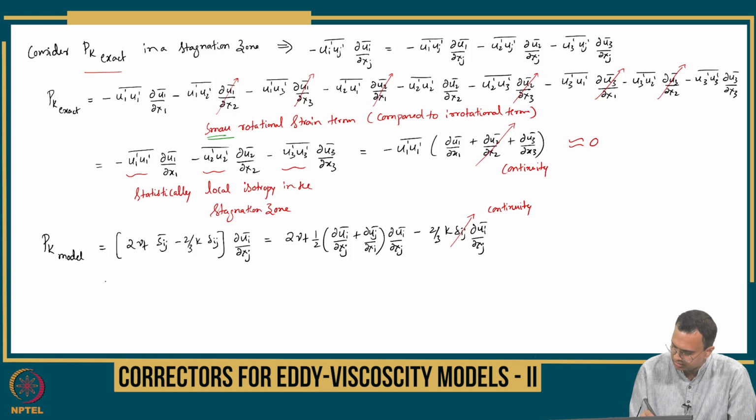So if I expand this, I have nu t dou ui bar by dou xj dou ui bar by dou xj plus nu t dou ui bar by dou xj dou uj bar by dou xi.